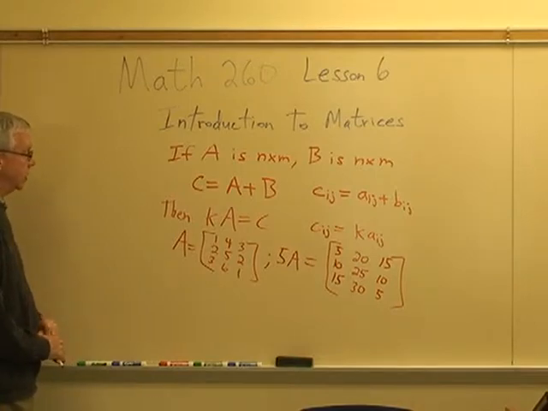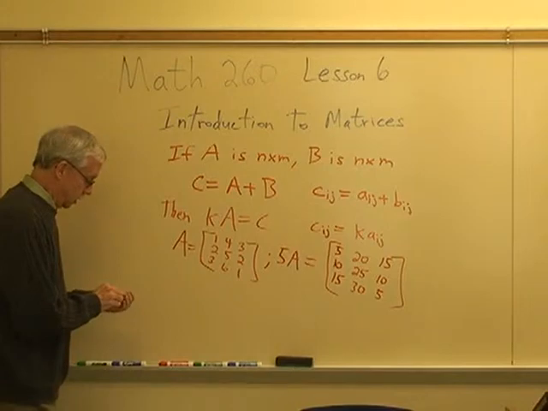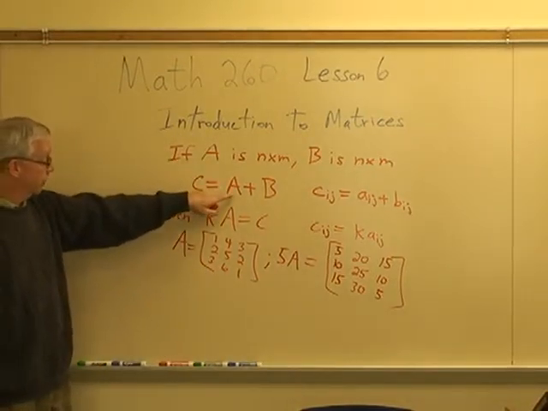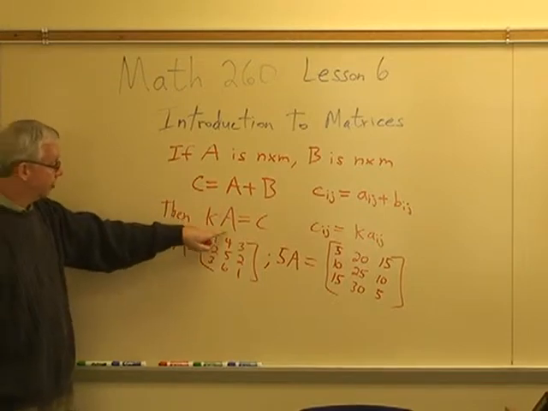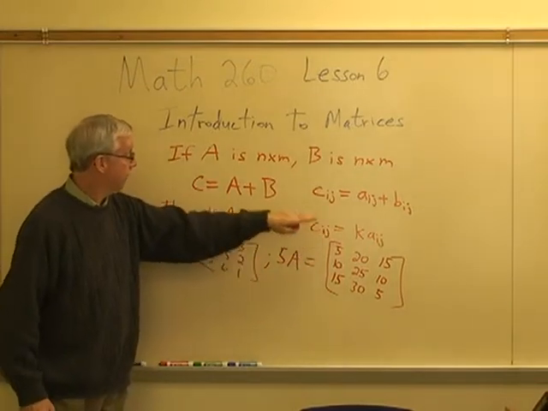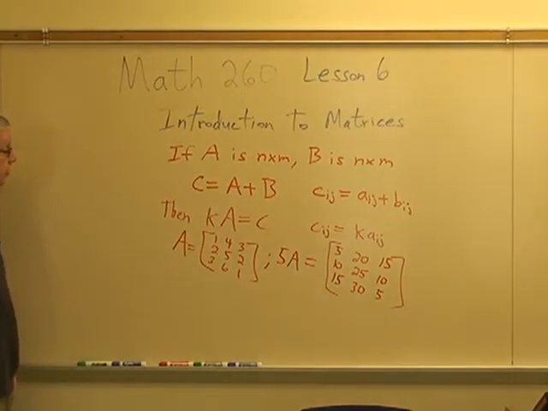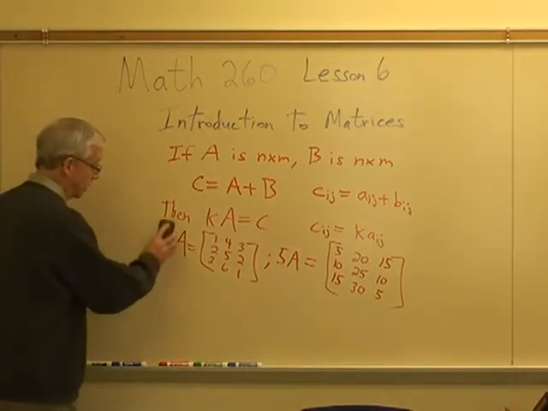And we'll make use of that in a future lesson. We'll be able to show, in fact, that with this definition of matrix addition and matrix scalar multiplication, the set of all matrices of a fixed size also behaves like a vector space. But we'll leave that for later.